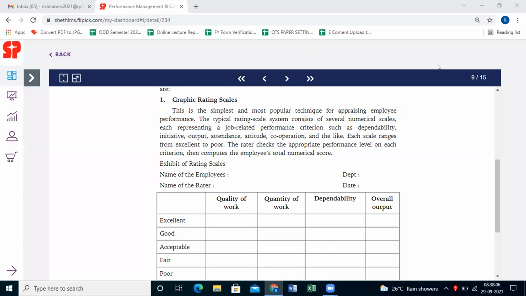So the ability of the rater to be unbiased and effective while giving the rating is very important. So here the role of the rater is very important. You cannot just blindly tick on excellent or good. You have to understand the thin line of difference between what is excellent and what is good. So I think the major limitation in this method is its subjective nature.